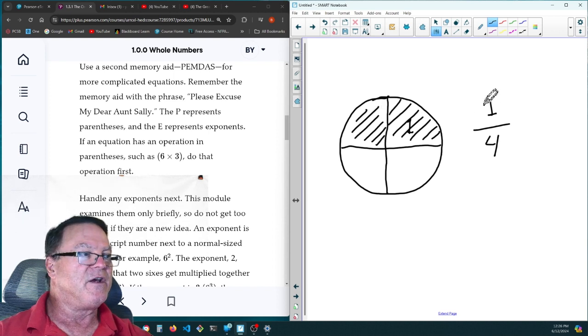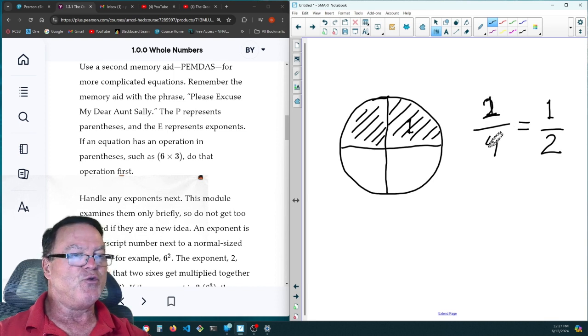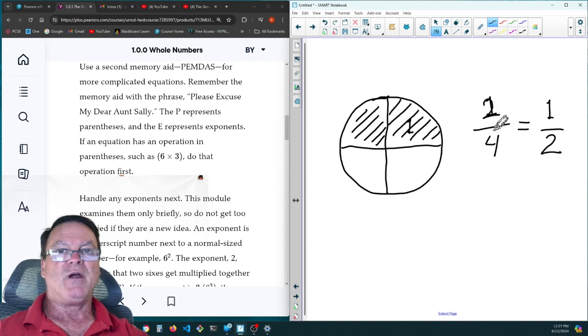Now let's say I'm hungry and I continue eating and I eat an additional slice of pizza. Now I have eaten 2 of the 4 pieces. Well, this 2/4 can actually be reduced to 1/2. We don't want to write a fraction such as 2/4 because 2 is divisible by 2 and 4 is divisible by 2.